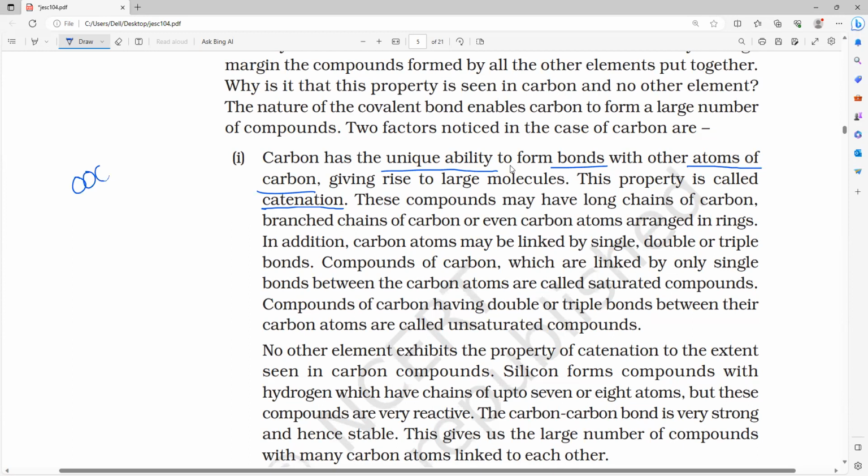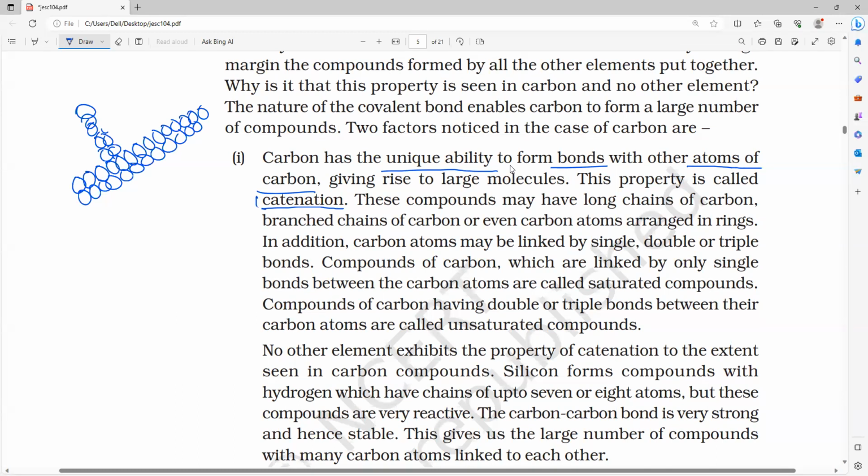One carbon atom, another carbon atom, another carbon atom. It will form millions of carbon atoms together, in a straight line or with branched points. Millions of carbon atoms can be together in the form of chains. That property will never be shown by any other kind of element.